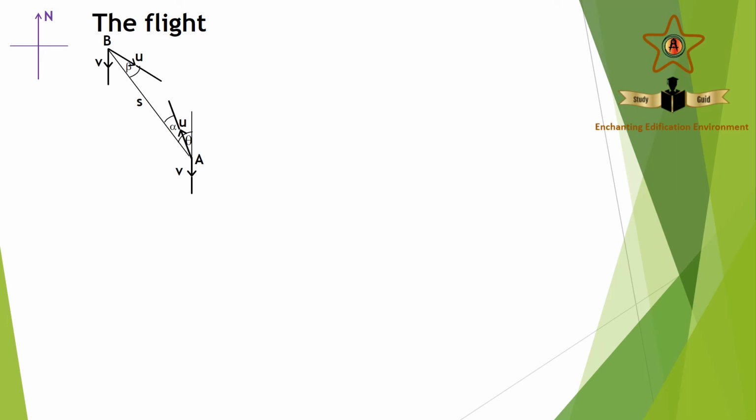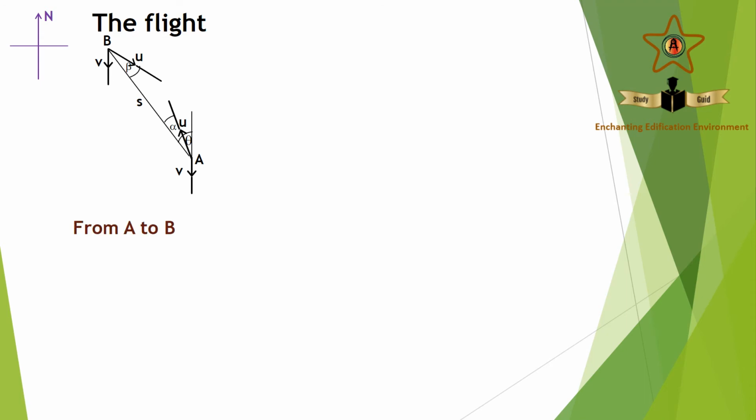Now from A, the pilot has to direct the plane at an angle alpha to AB, and there will be the wind downwards or southwards at A. Then at B, the pilot should direct the plane at angle beta to BA. As usual, the velocity of wind will be towards south, in the same direction as the previous case.